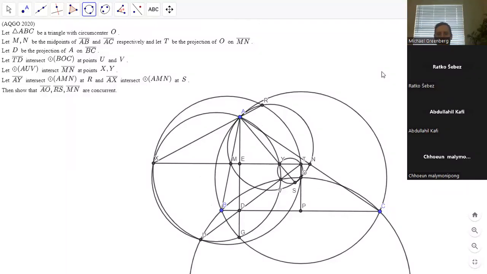Because then AC would be tangent to ABB. So yeah, we want to show YOT equals UOP.